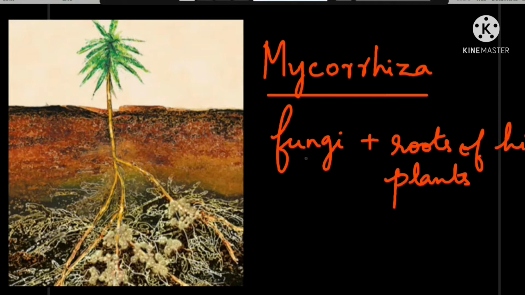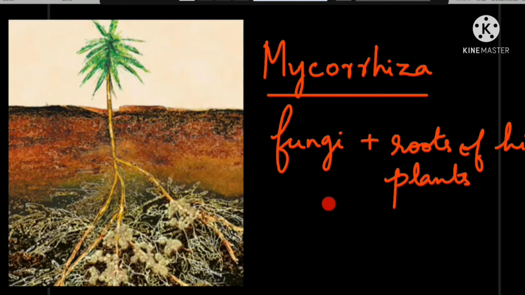The fungi do not have chlorophyll, whereas the higher plants have leaves with chlorophyll, which means that they can prepare their food. The fungi cannot prepare their food, but they are close to the soil, so they will be getting access to nutrients and water.